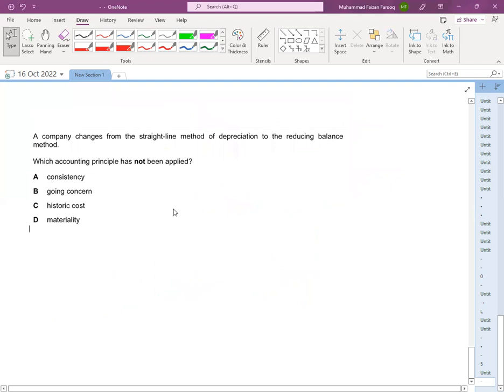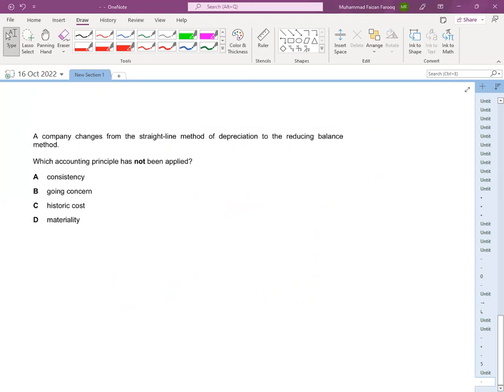Remember, we are discussing prudence so much because too many questions come with this concept. The next one: a company changes from the straight line method of depreciation to the reducing balance. Which accounting principle has not been applied? Changing the method of depreciation, is it allowed? When we were discussing the topic of depreciation, we said you cannot change the method of depreciation as you like.